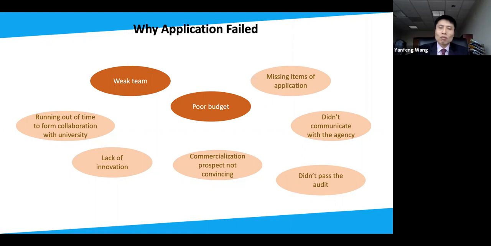The second reason they mentioned is that the budget in the proposal is not good enough or not convincing. Here, allow me to briefly introduce the three parts of the budget in your application. The first part is the direct cost. The second part is indirect cost, or the overhead. The third part is the so-called fee.